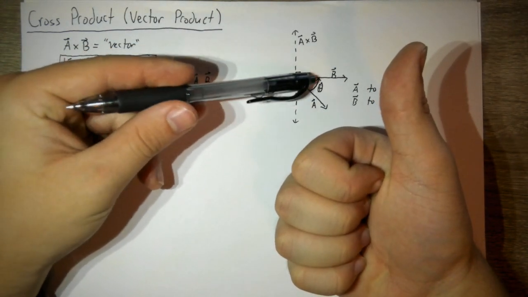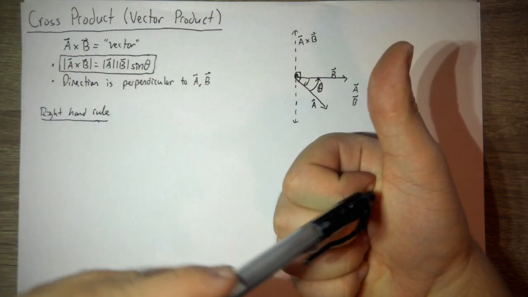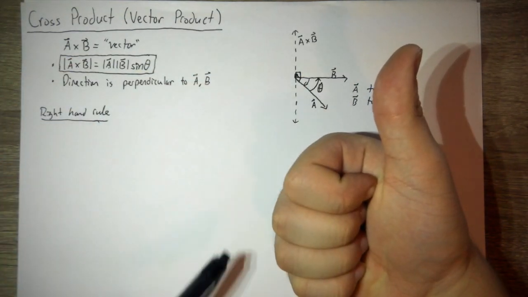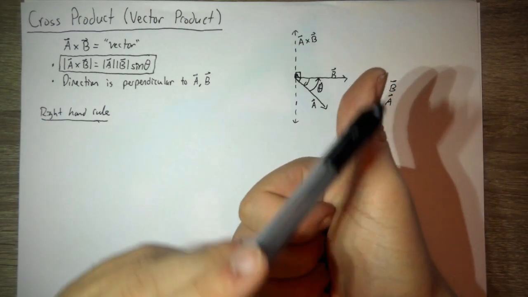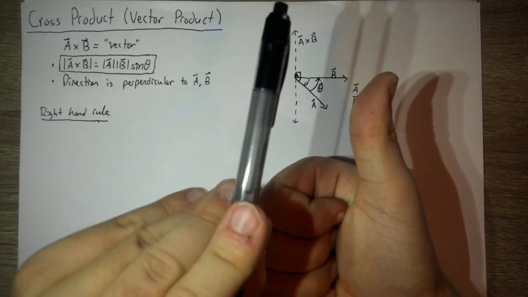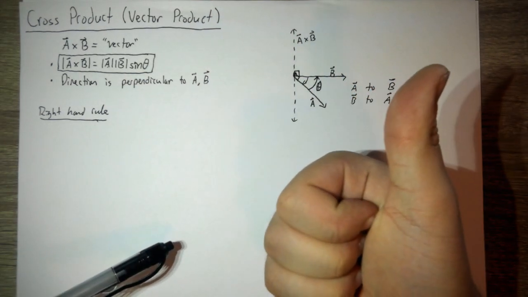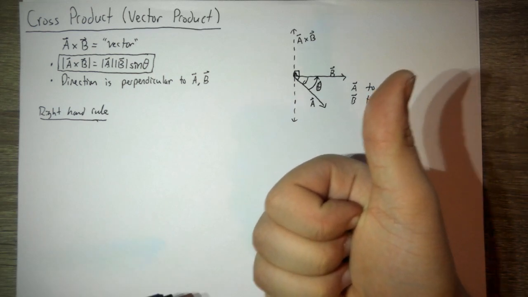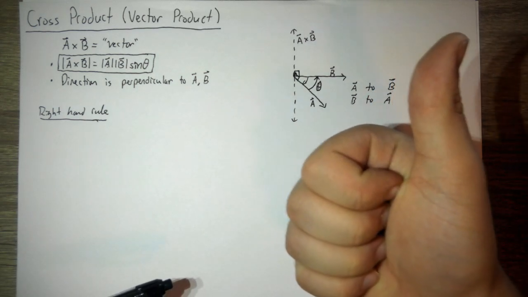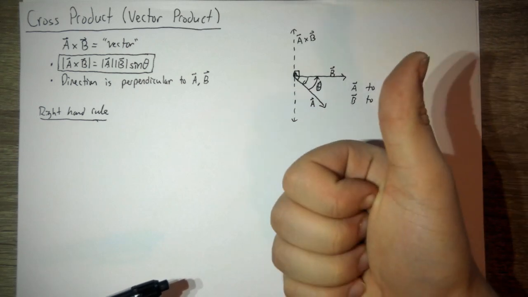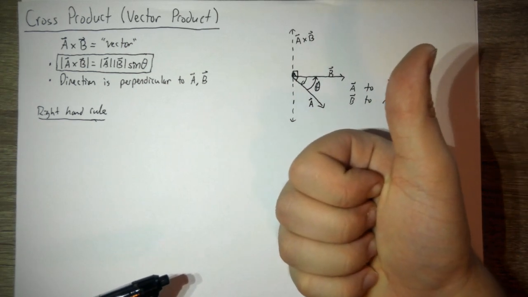So I'm going from A to B, and so my fingers are pointing from A to B. Then the direction of my thumb is the direction that your resultant vector goes. That's one variation of the right-hand rule. There'll be more later on, but for now, this is all you have to know.